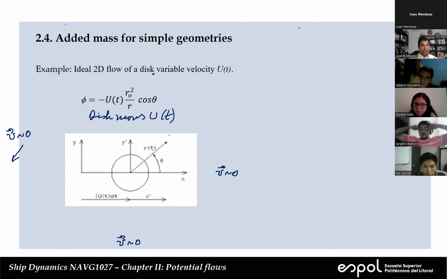Okay, so it's similar because it's a circular disk and we're going to use polar coordinates, but now the disk is moving and the water is static. Of course, close to the body, there's going to be some influence, but away, no. You cannot expect, for example, if I splash here in front of Guayaquil, to have influence on Posorja.